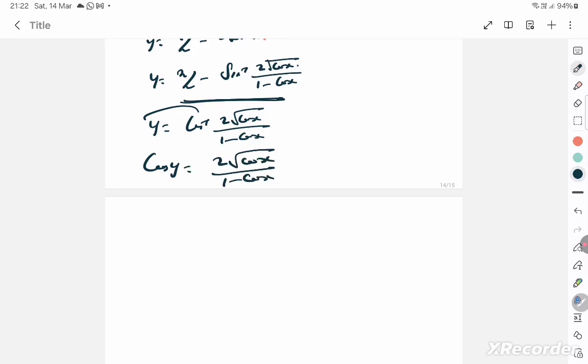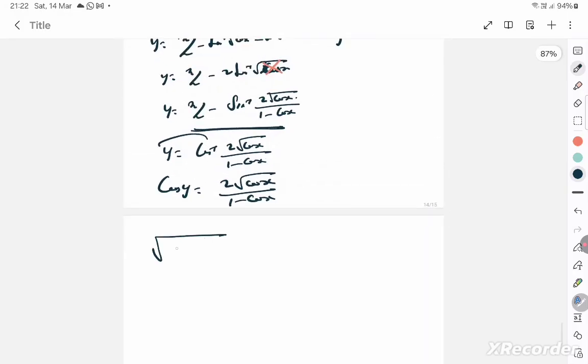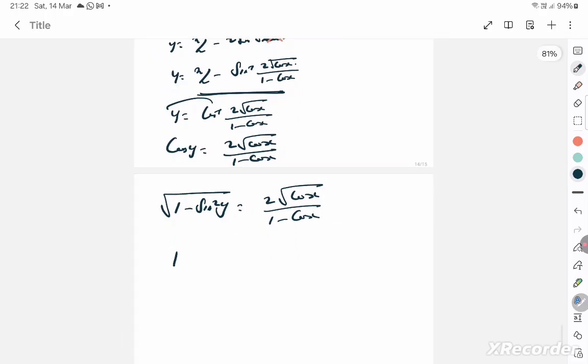And then what you want is sine y, the proof. So you can write cos y as root of 1 minus sine square y, which is equal to 2 root cos x by 1 minus cos x. Squaring both sides, 1 minus sine square y is 4 cos x by (1 minus cos x) the whole square.